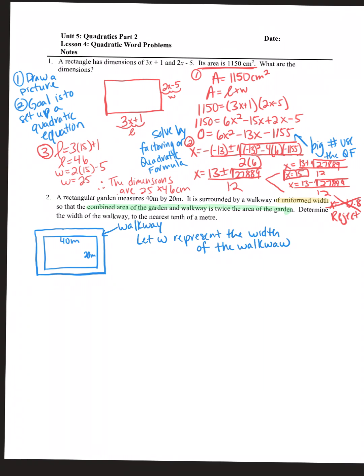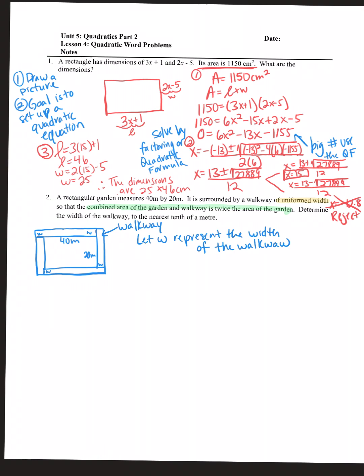Okay, so that means the distance from here to here is going to be W. The distance from here to here is going to be W. From here to here, also W, and from here to here is going to be W. So all the way around, our width is going to be W. So it says determine the width of the walkway to the nearest tenth of a meter. So we have to figure out what is W, but it gives us some more information.